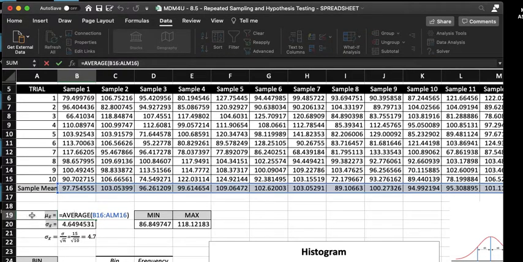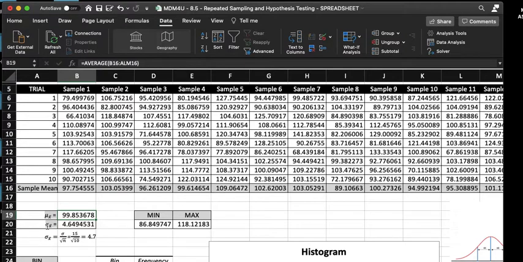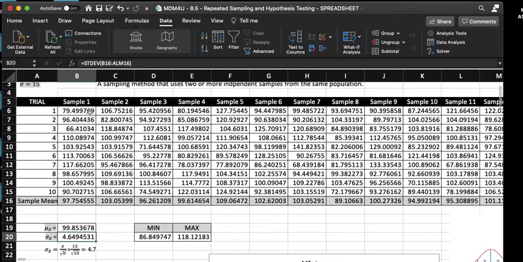All of these. Now, the standard deviation of the sample means uses that same data, and this is that adjustment that we calculate for the standard deviation of the sample means, or the sampling distribution, which is approximately 4.7.